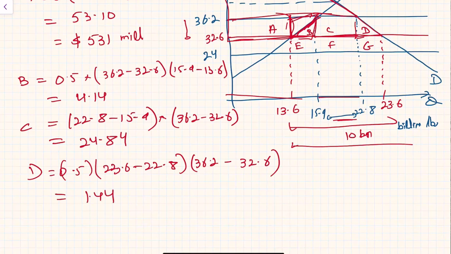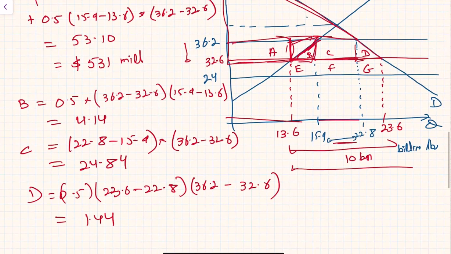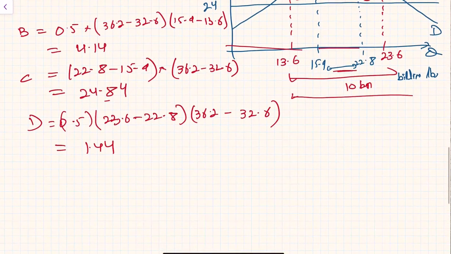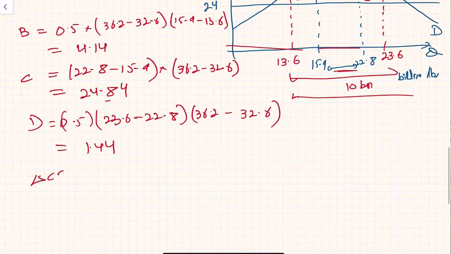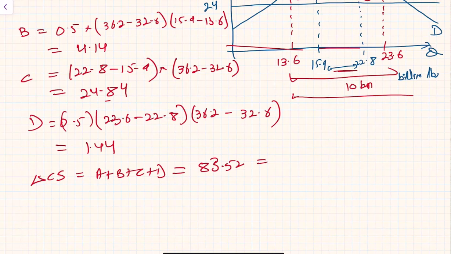So our total change in consumer surplus is the area A plus B plus C plus D, which is 531 million plus 1.4 million plus 248 million plus 14.4 million. So the change in consumer surplus, which is A plus B plus C plus D, now equals 835.2, which is $835.2 million.